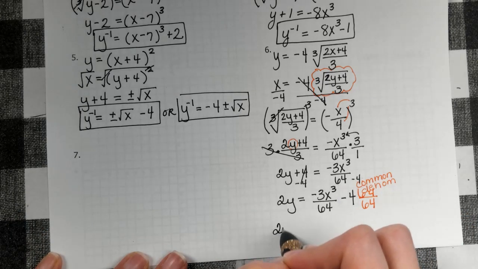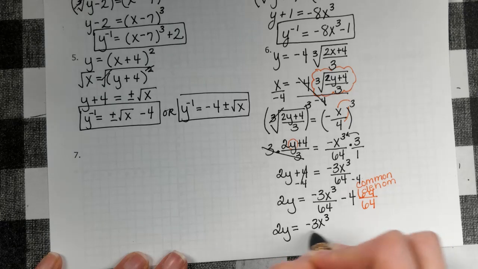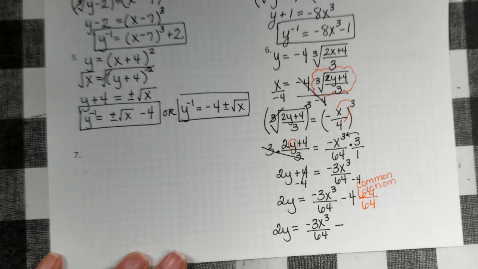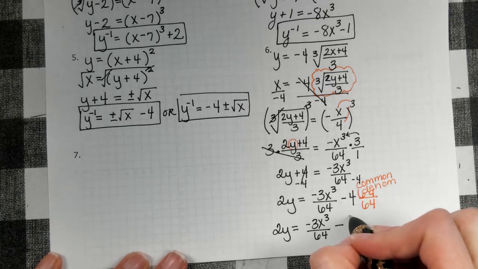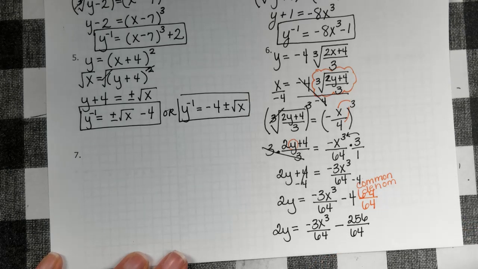So I have 2y equals -3x cubed over 64 minus 4 times 64 is going to give me 256 over 64.